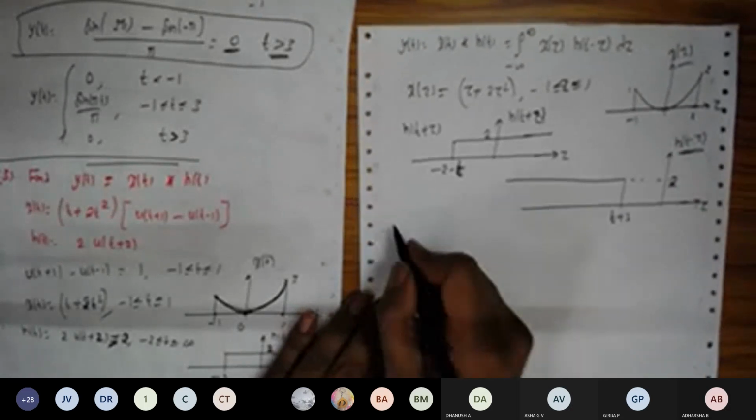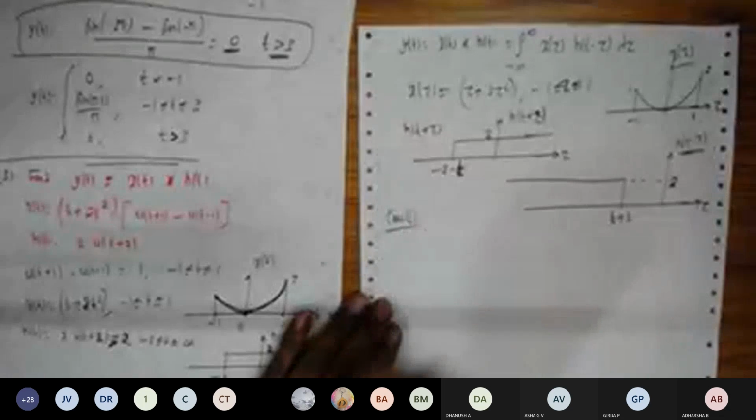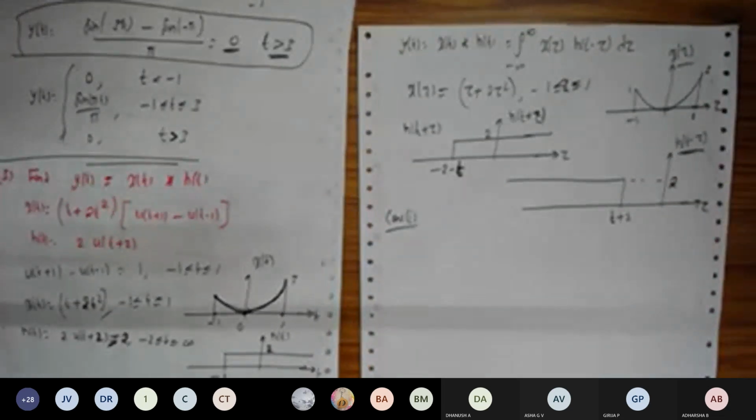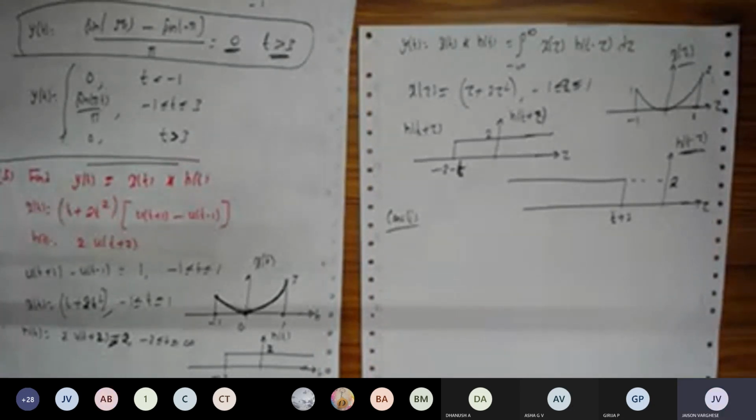Let us define the cases of overlapping and non-overlapping conditions. What's the first case? t plus 2 is less than -1. Very good, excellent.